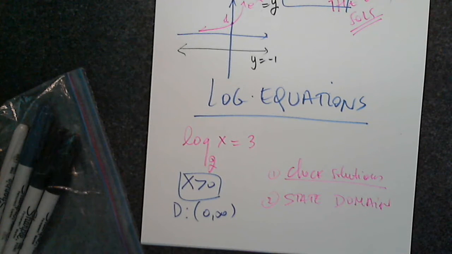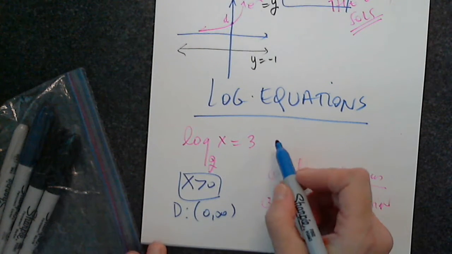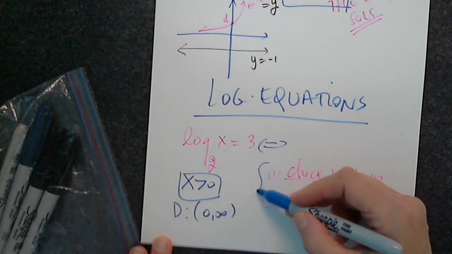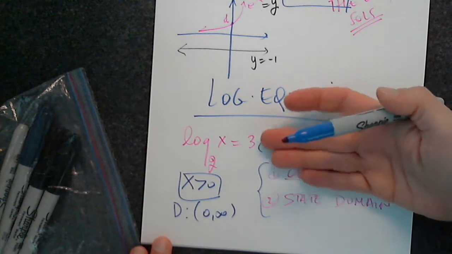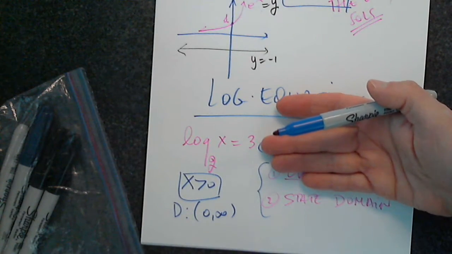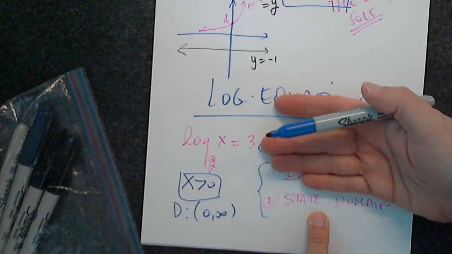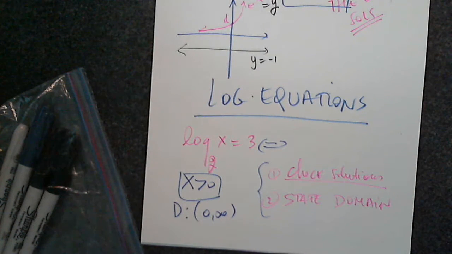Would you agree? Perfect. Now we are ready to change it. Remember, I have to choose one or the other. I don't like to choose this, but that's me. I like to choose this. It's a good practice because one of the questions will ask you to find the domain if you really don't want to.